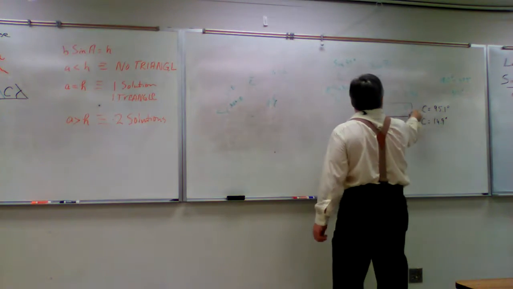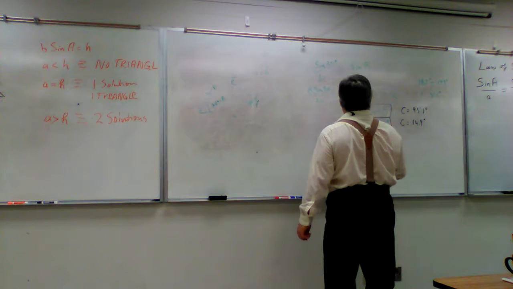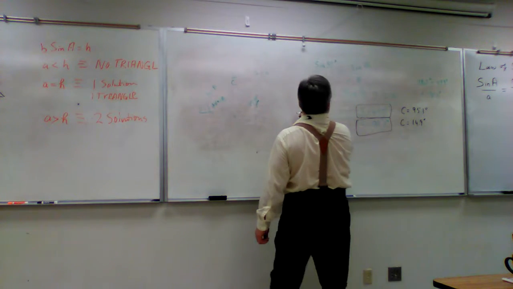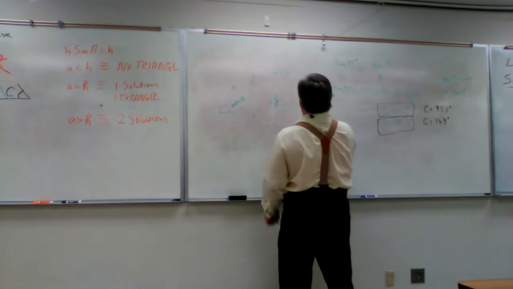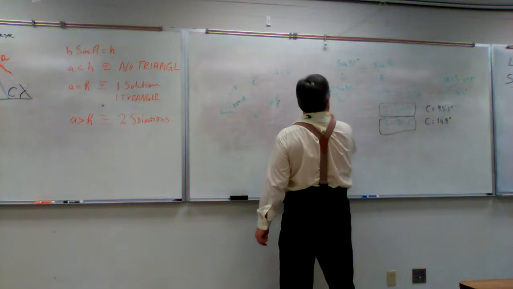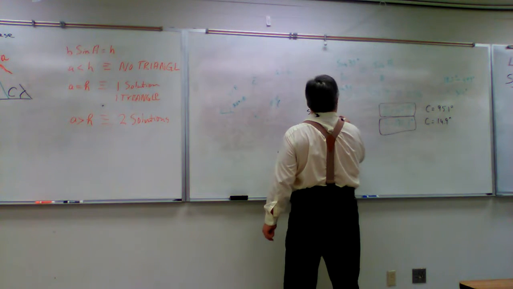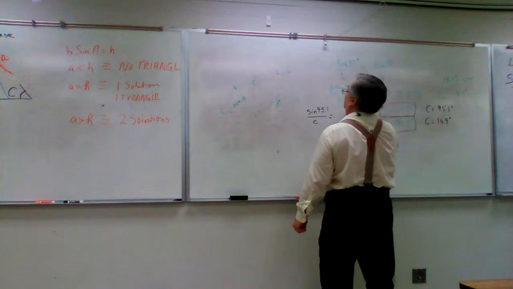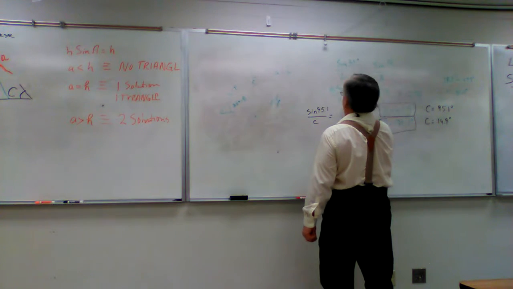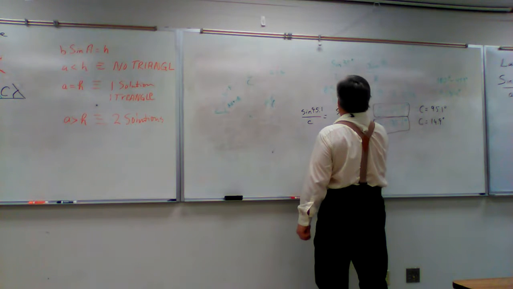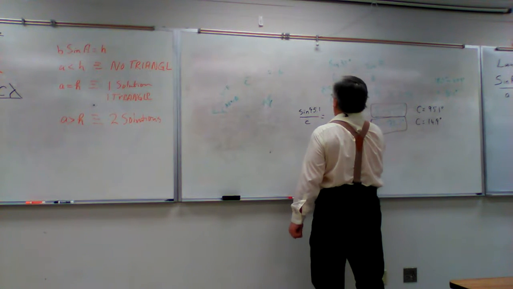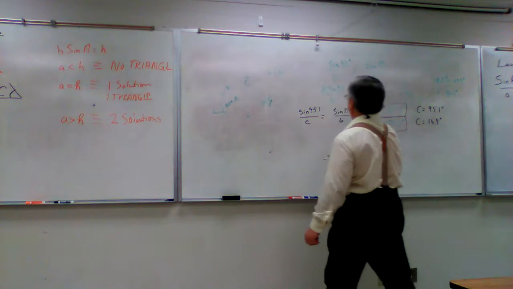Well, solving it based on B equals 49.9, then we get sine of 95.1 divided by c is equal to sine of 35 divided by 6.